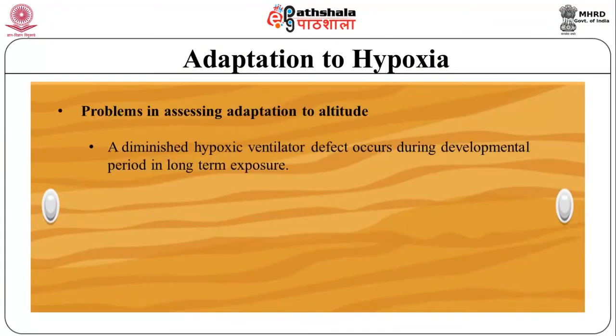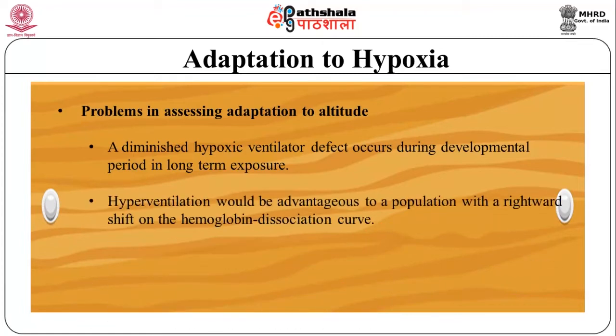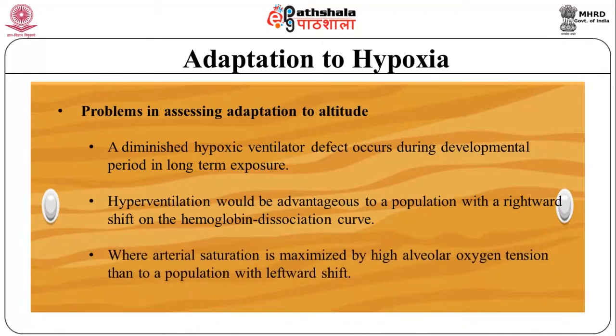A diminished hypoxic ventilatory drive occurs during the developmental period in long-term exposure. Hyperventilation would be advantageous to a population with a rightward shift on the hemoglobin dissociation curve, where arterial saturation is maximized by high alveolar oxygen tension, than to a population with a leftward shift.